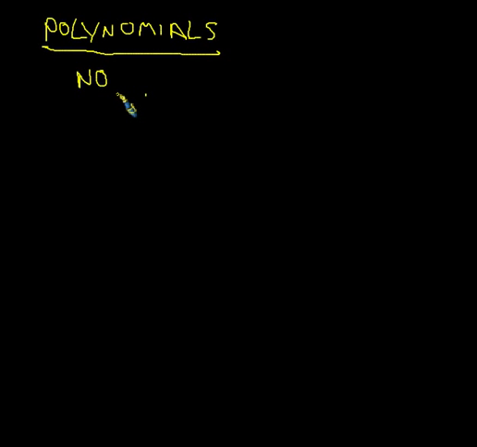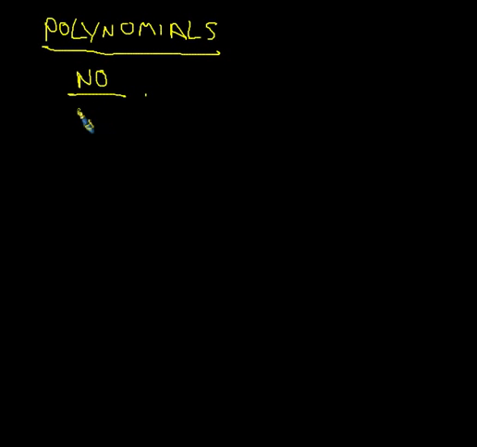Another thing that we need to discuss regarding polynomials is that since polynomials are things added together, it's not everything that's added together. So let's take a look at some things that are not polynomials. Is this a polynomial?